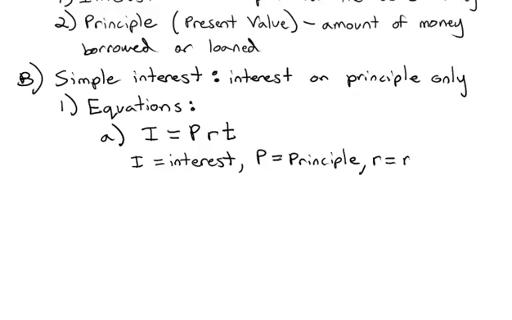R is the interest rate. So if you pay a 6% interest, R would be 0.06. We have to change that percent into a decimal. And finally, T is time. And that time has to be in years. That's really important. Time is always in years when we're talking about these investments.